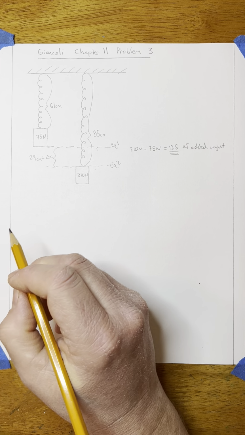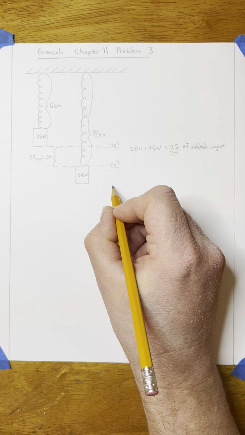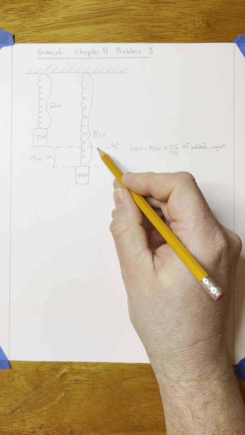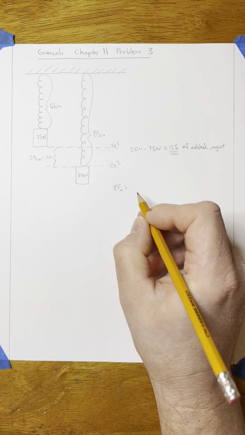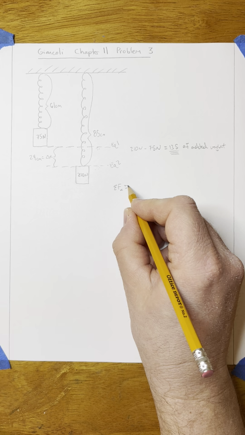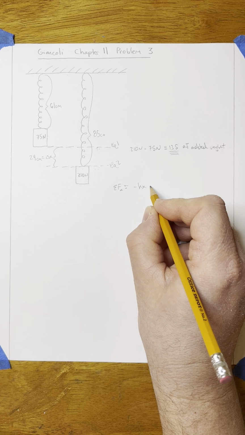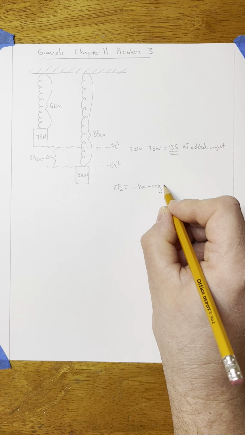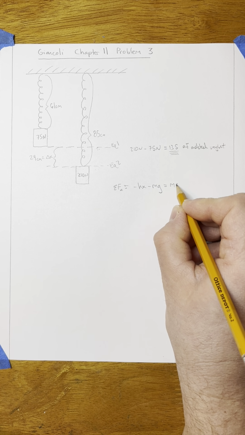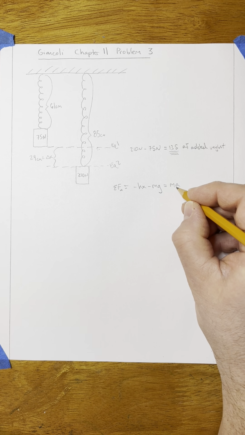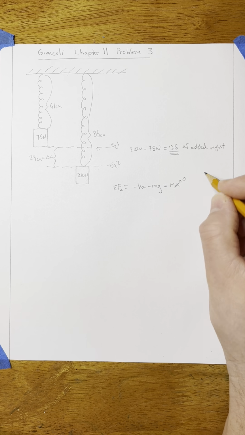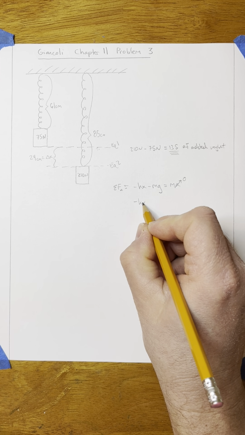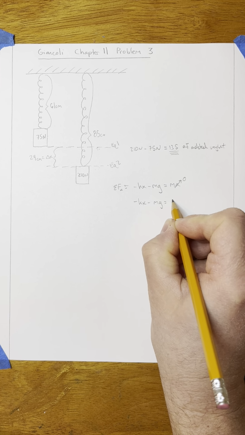So what we can say is that the sum of forces in the x direction to cause this displacement is negative kx minus mg equals mass times acceleration, but recall our acceleration at this equilibrium position is 0. So this becomes negative kx minus mg equals 0.